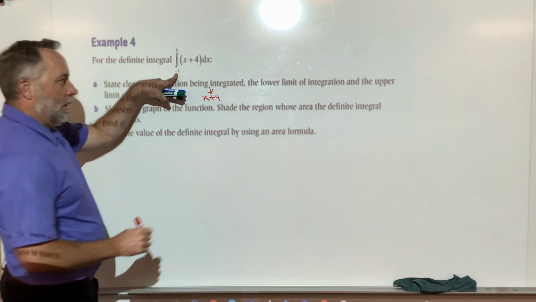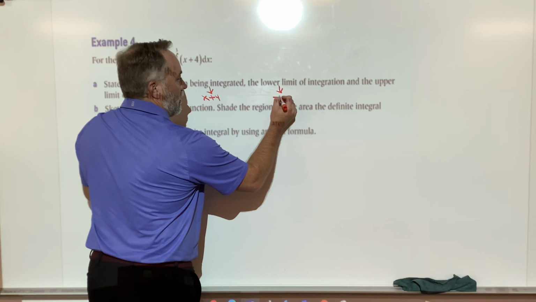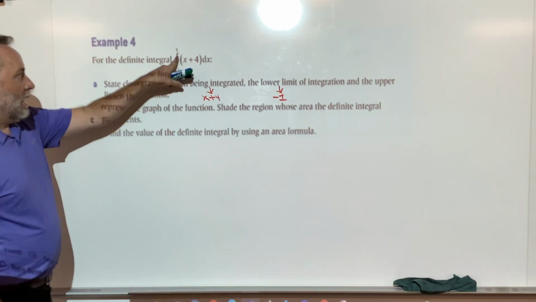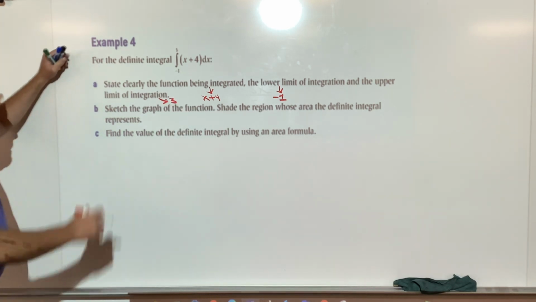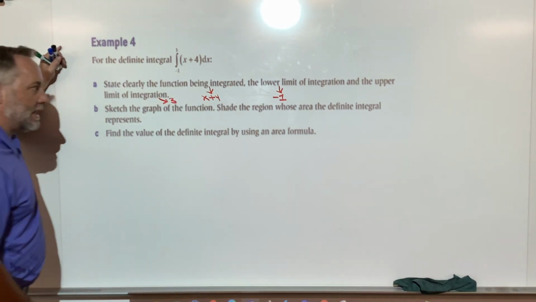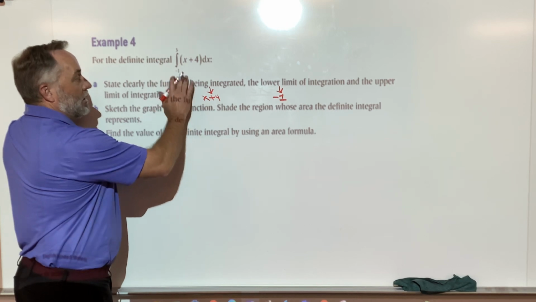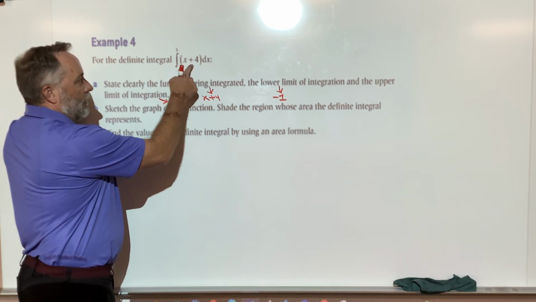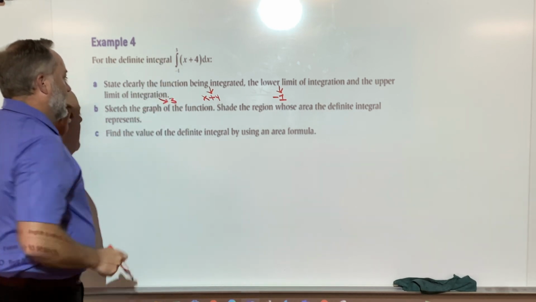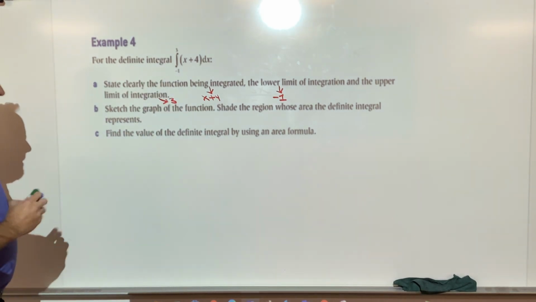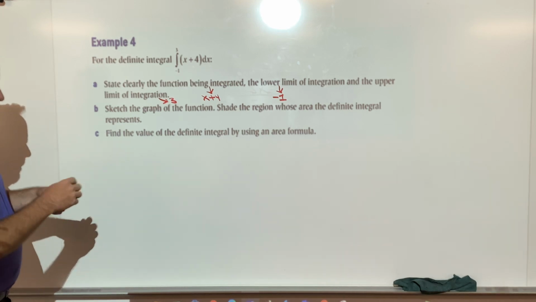Here's your lower limit, that's the -1, so our lower limit's -1. The upper limit is 3. So to answer question A, it's just asking us, can we break down the components of an integral? And again, that's our function of integration called the integrand, and then the lower limit and the upper limit. It says sketch the graph of the function, shade the region whose area the definite integral represents.